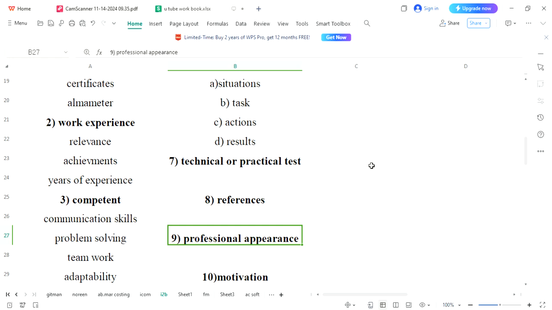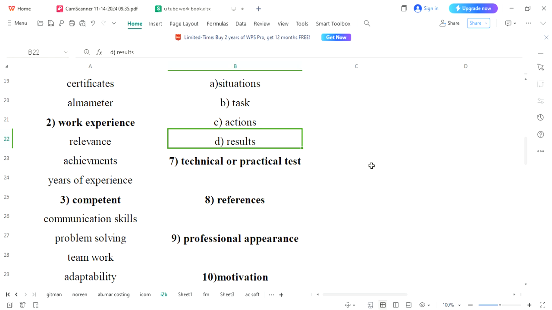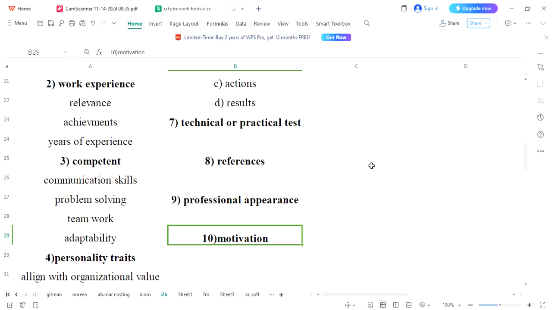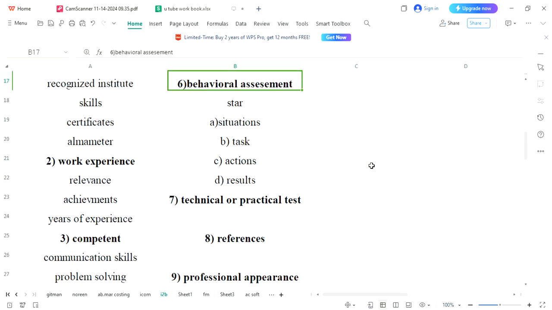A candidate should have a good presentable personality first, and secondly, be presentable in his action as well. And we will see how motivated the candidate is. The more he is motivated, the more he would be the source of productive activities.